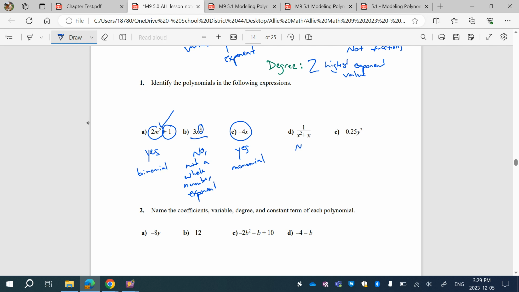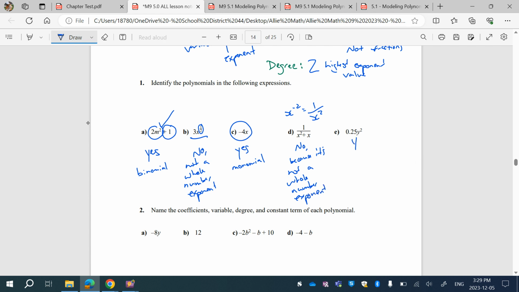This one here is a no, and let me tell you why. We didn't really go over this much with exponents in our first chapter, but if you had x to the negative 2, it's the same as 1 over x to the 2. So this one essentially has a negative exponent, which is not a whole number exponent, just like b.